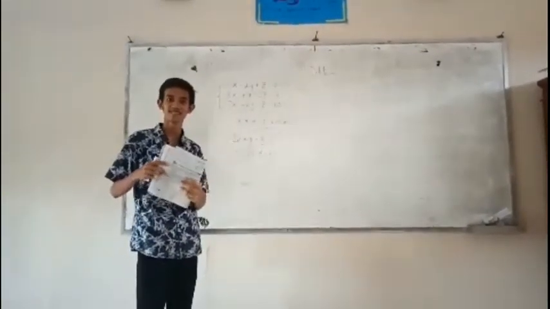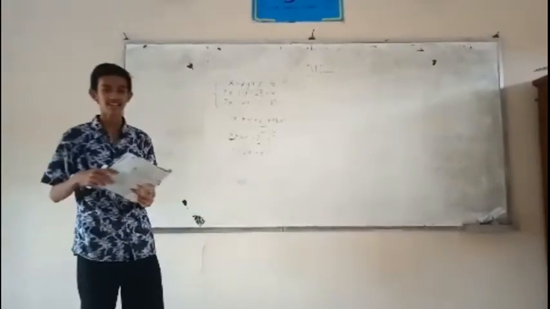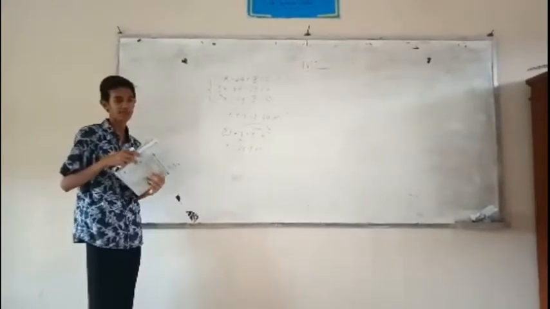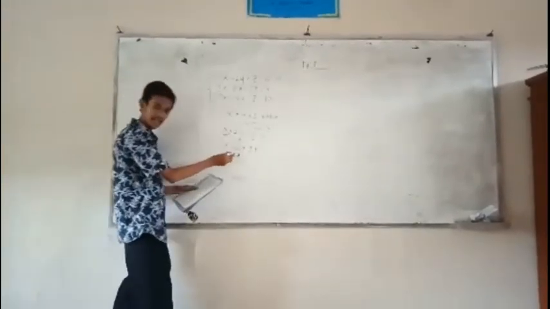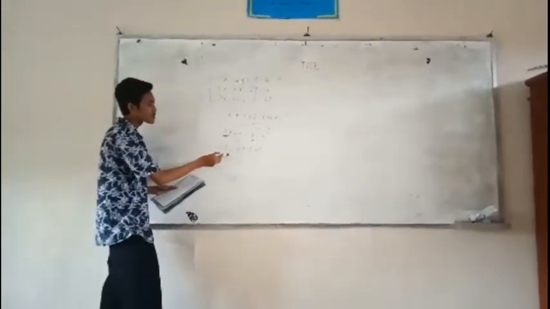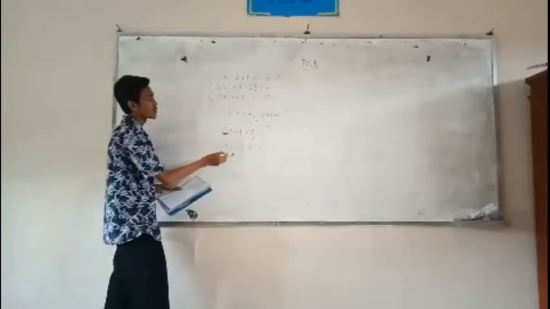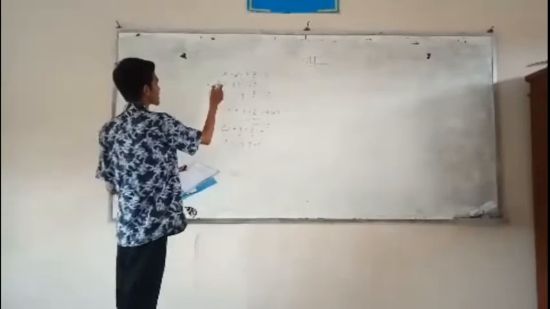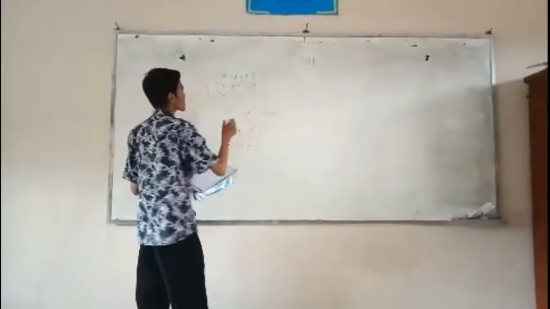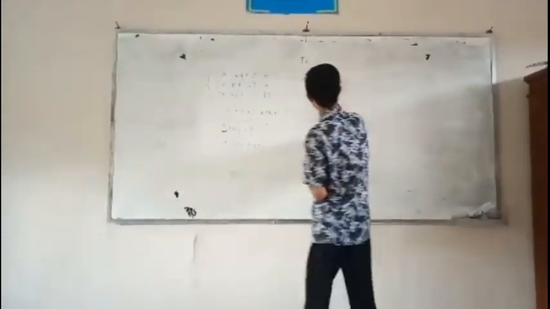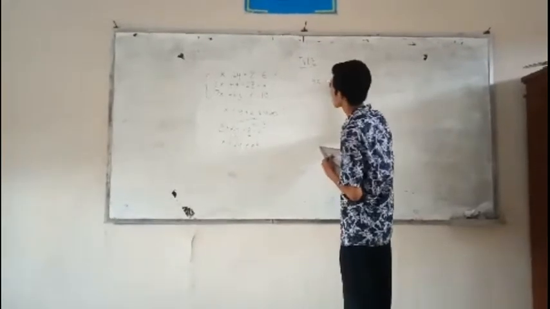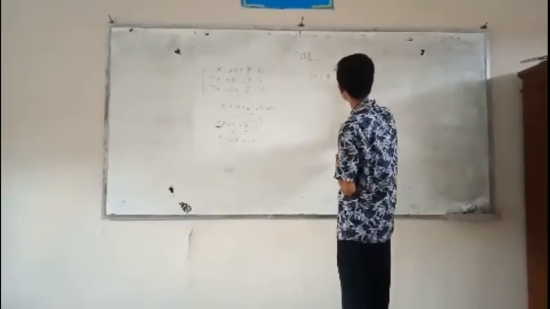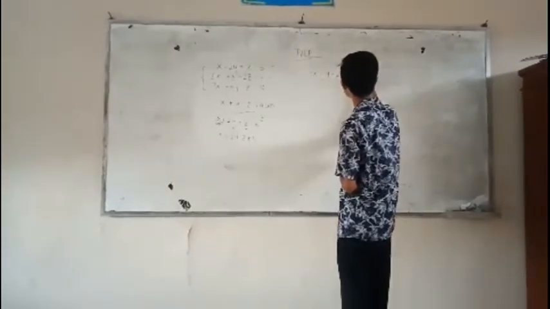What next, sir? Okay, next, substitute the variable x into the second equation. We know that the second equation is 2x plus y minus 2z equals 4.